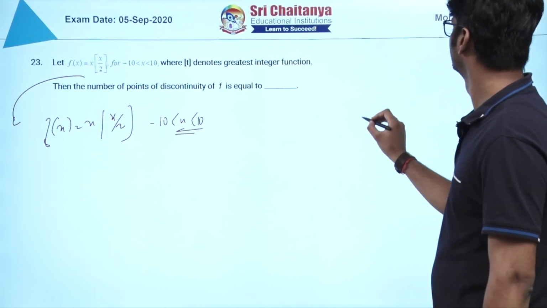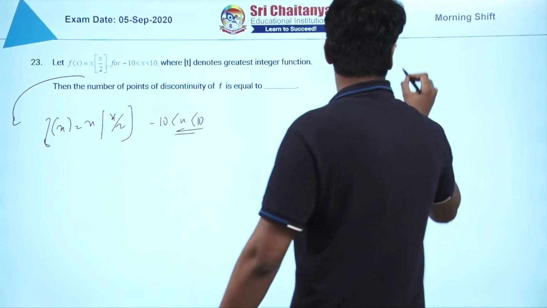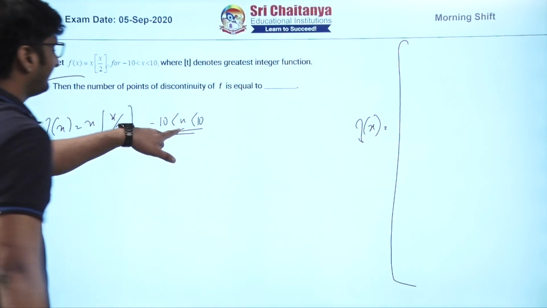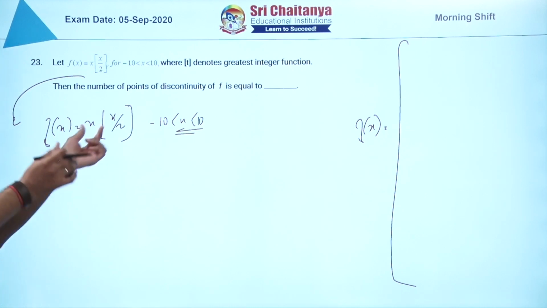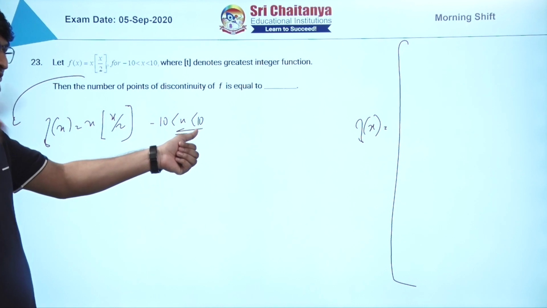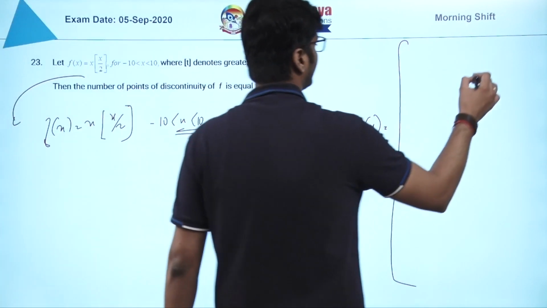See, let me write here. f of x will be what? If x is from where, you should make the integer inside this box. So, if you are putting -10, you are getting -20. Next, what value do you put to get the integer? So, -8. So, from -10 to -8 you are getting one definition.